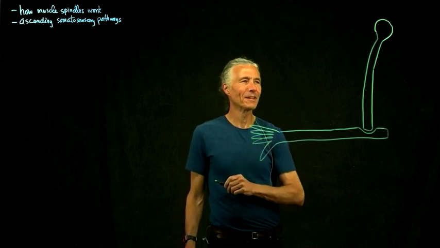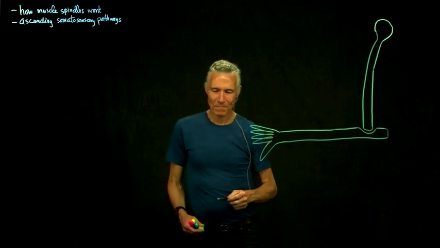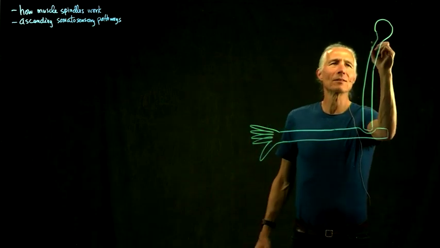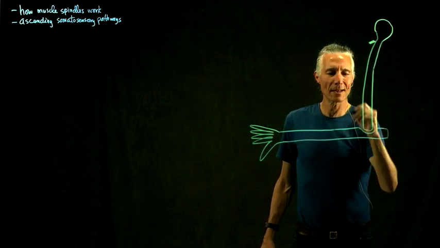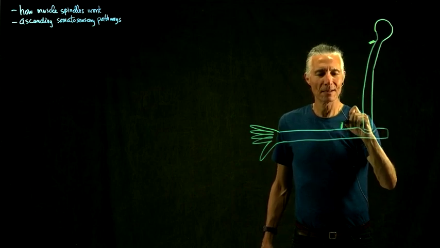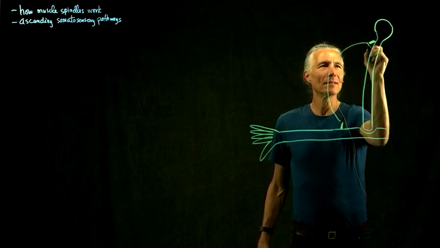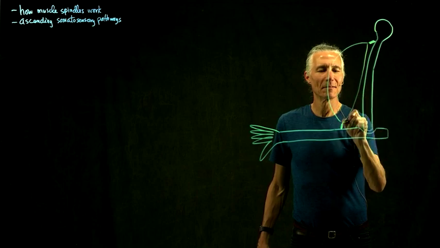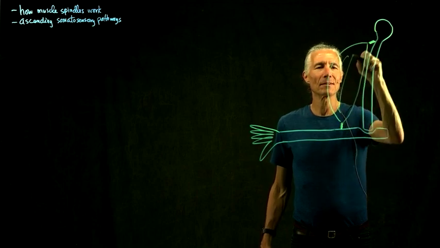There's our hand, and then we got a muscle. So there's the tendon where it attaches. And I'll draw it nice and big, so I have room for the diagram. So that's the muscle right there.